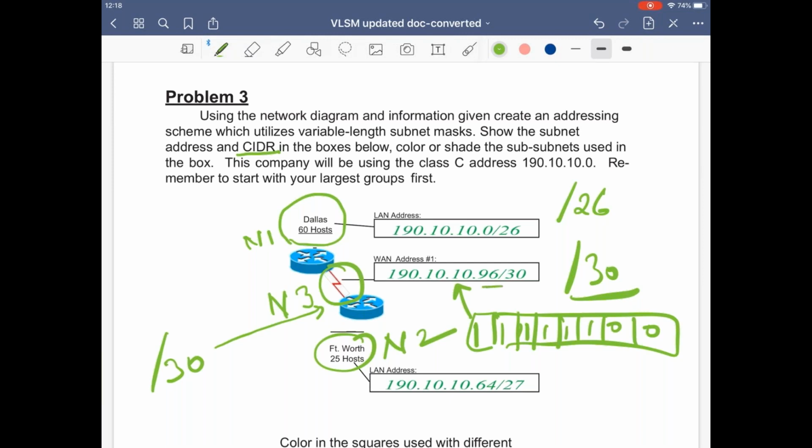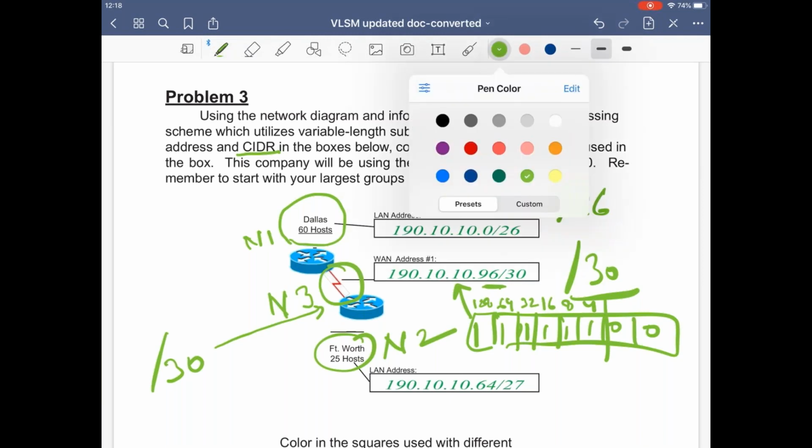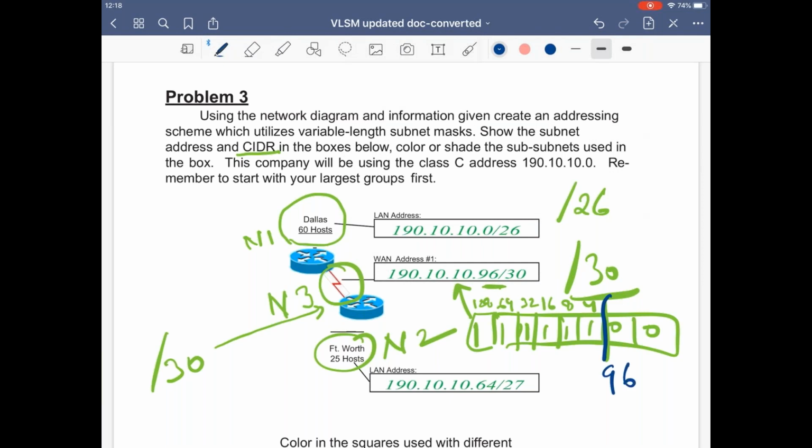Here, 64, 32, 16, 8, 4, so 96 comes up to that. The broadcast ID will be 99. Correct? Yes, 99, correct. This is our network 3. So 97 and 98 are the valid hosts.